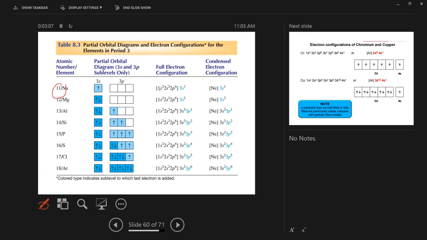And it should be 1s2, 2s2, 2p6. So this configuration is the same as neon before, and you just put 3s1. When you show the partial orbital, you just show 1.